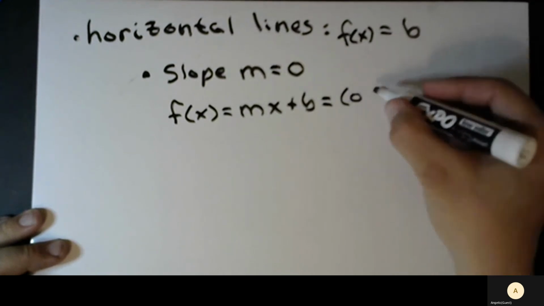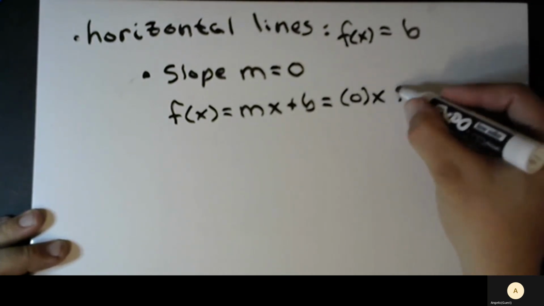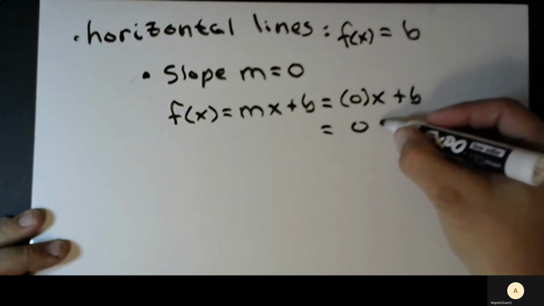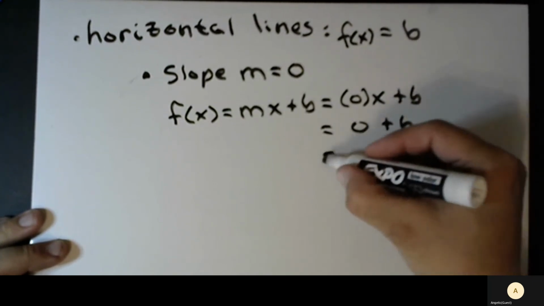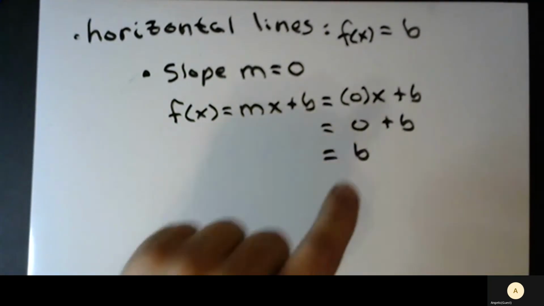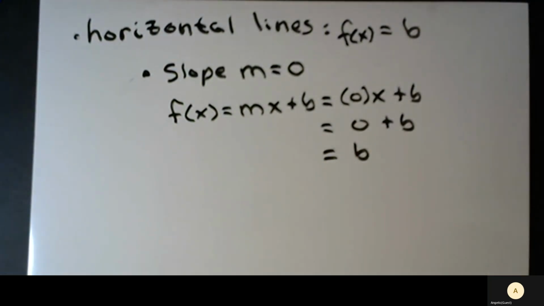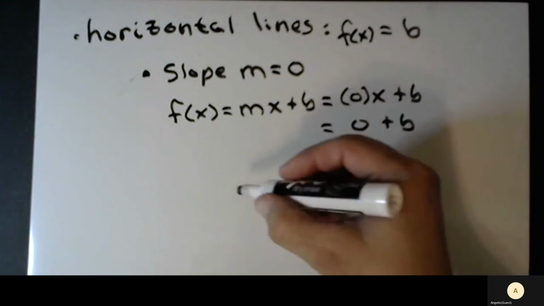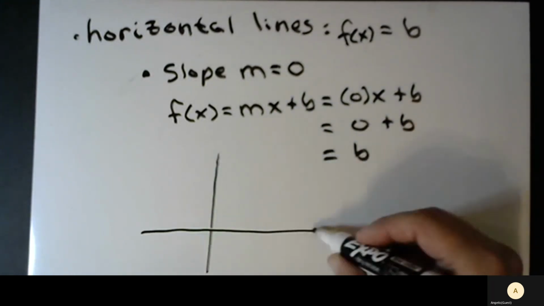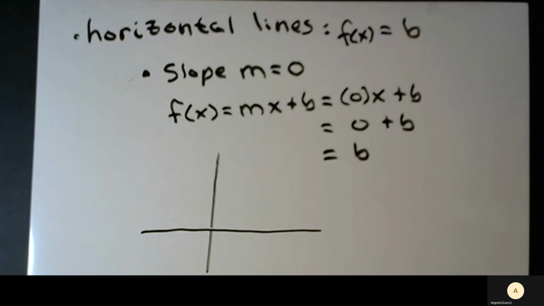This will be 0 x plus b, which is 0 plus b, or just b. So f of x equals b. And what this will look like if you graph it, you find the y-intercept.